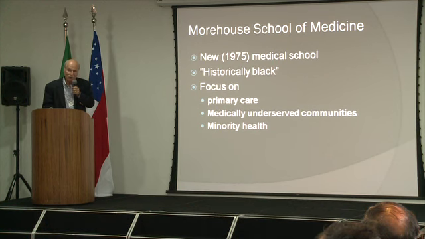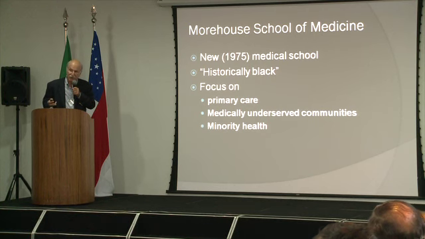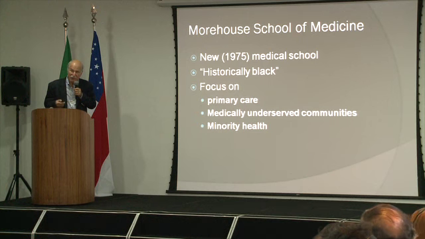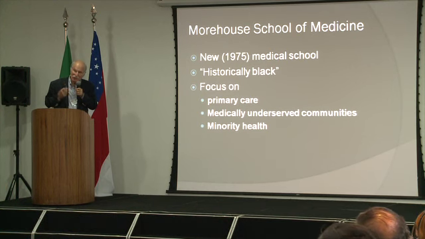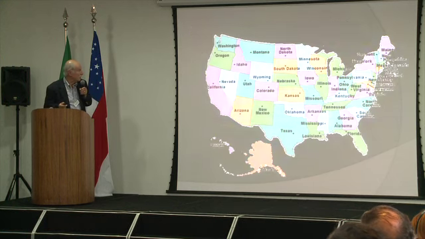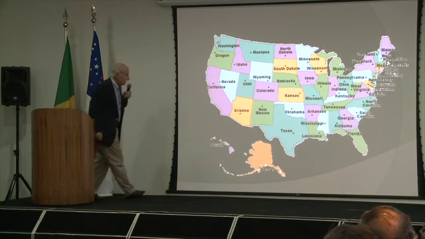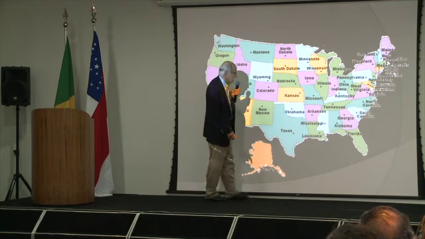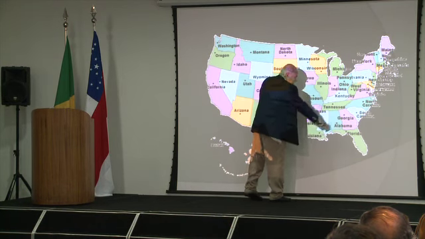I'm one of the relatively few white faculty. Our focus is on primary care, medically underserved communities, and the health of minorities. And this is our mission. And we talk about our mission all the time. Everybody understands what the mission is and that the school is about pursuing this mission. This is where we're located. Atlanta, Georgia is this little dot.